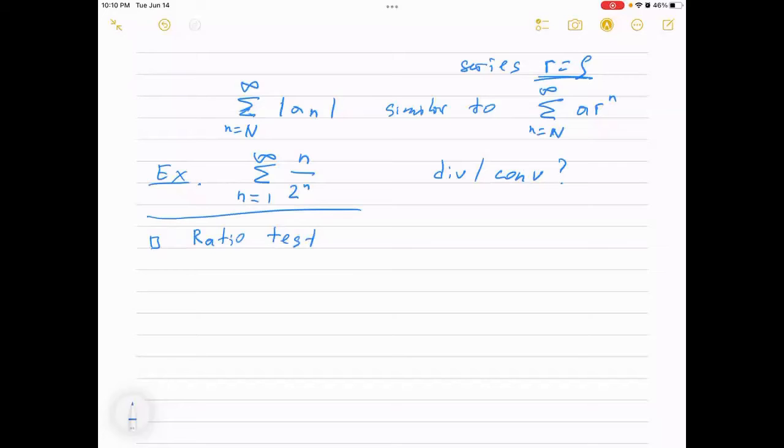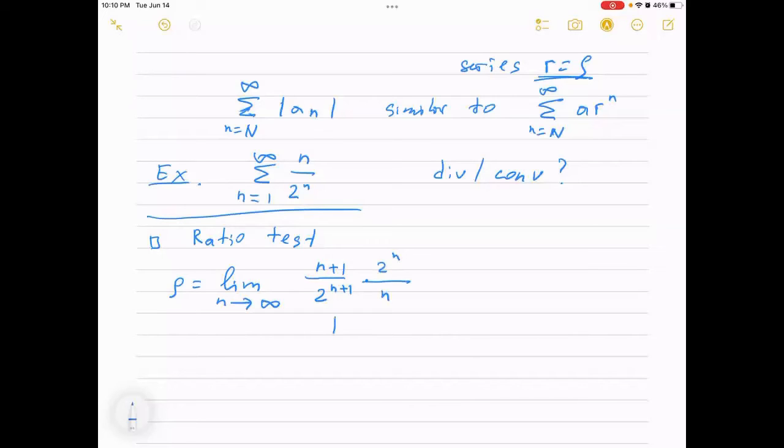So rho is going to be equal to the limit as n approaching infinity. We take the next term, so we substitute n plus 1 for n, and we multiply by the reciprocal of the nth term. The reciprocal of n over 2 to the n, we're going to flip it.